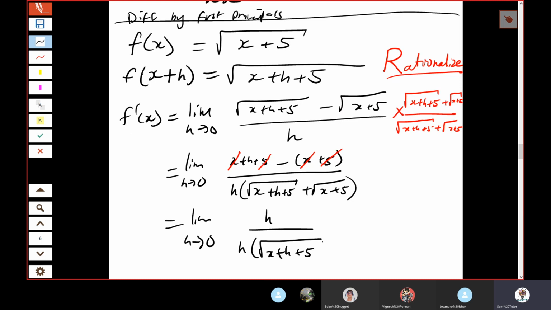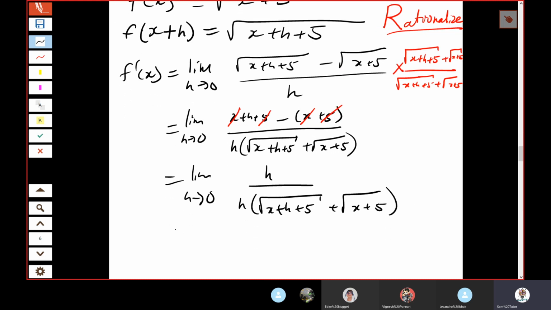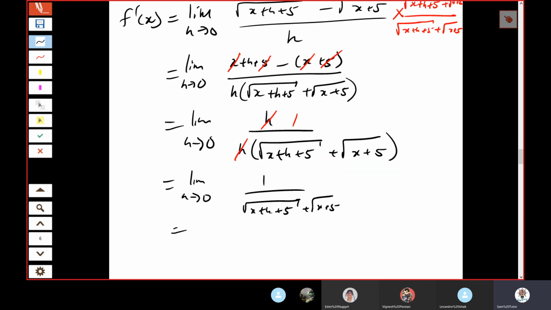But do we get what I've done there now with the rationalizing? Anyone have any issues with plus instead of minus? That gives you 1, and then that equals the limit as h approaches 0 of 1 over this, sub in h equals 0.